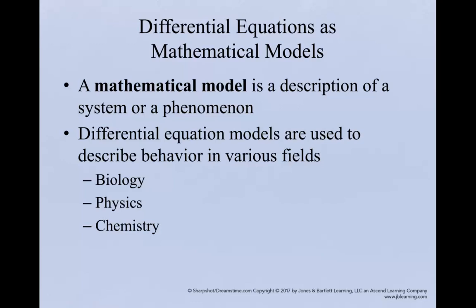All right, we're just very briefly going to touch on differential equations as mathematical models, because typically in textbooks like this, they tend to use more examples from the physical sciences and not so many from engineering. So we'll try to introduce our own examples from engineering throughout the course of the semester. But basically, differential equations typically come from physical laws.